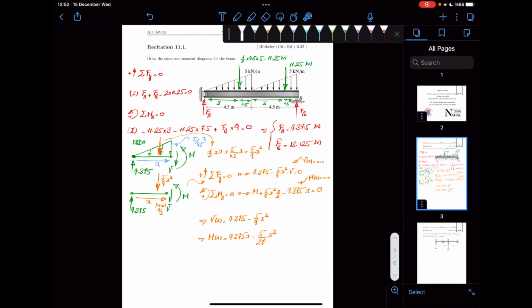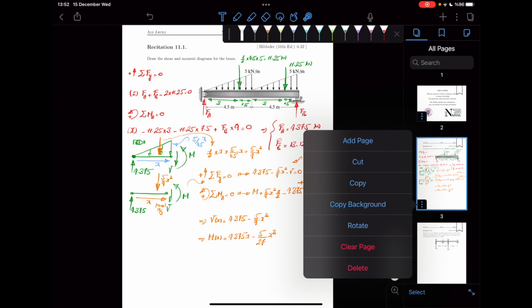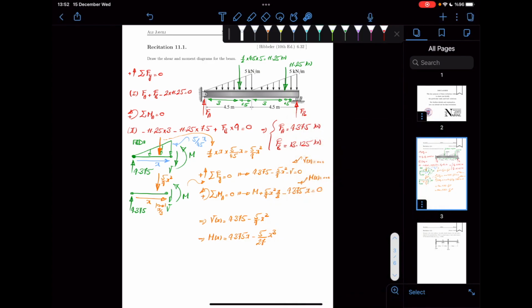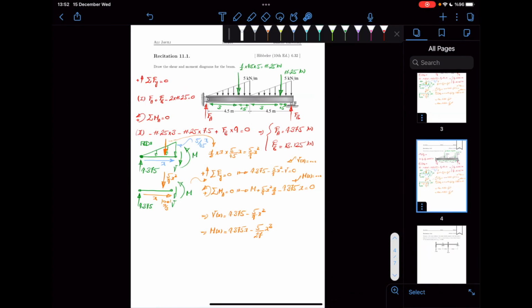In order to go to the second part, I will just duplicate this page and clean it up a little.